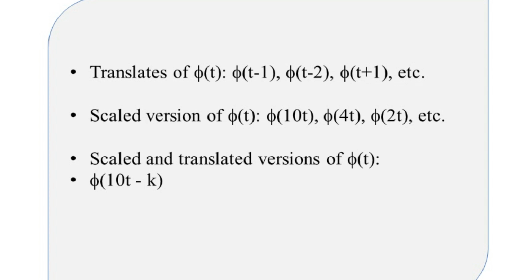This way we can have the constant amplitude level as per our requirement to any scale for any time span. So this was the topic, translation and scaling in concern to the Haar scaling function that we have seen in the previous video.